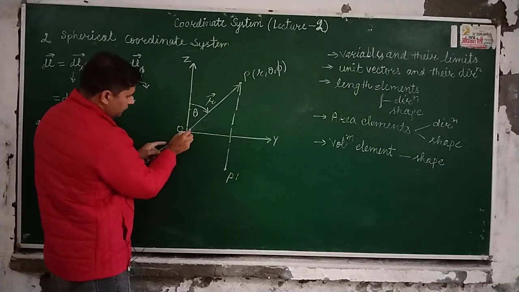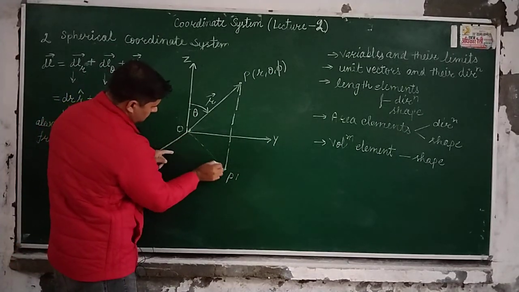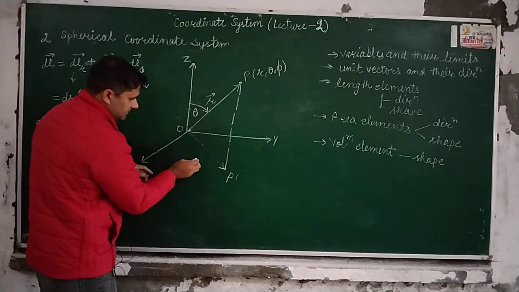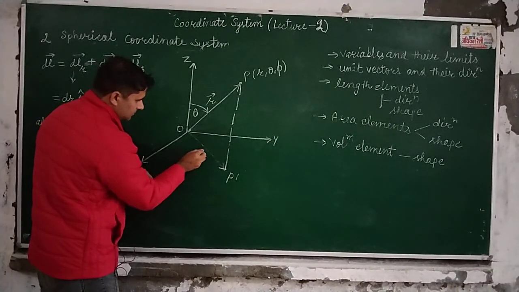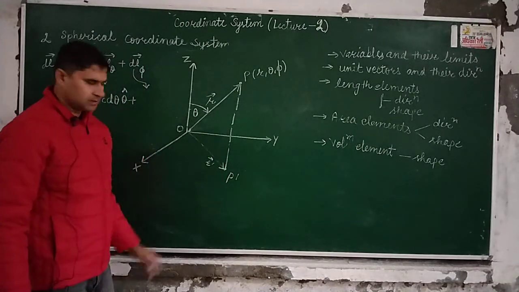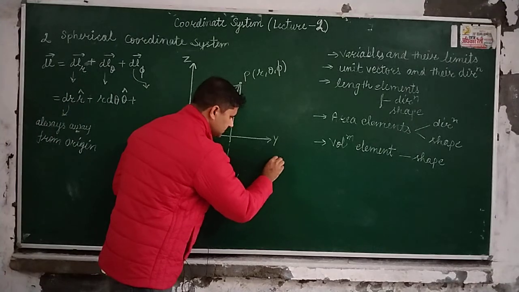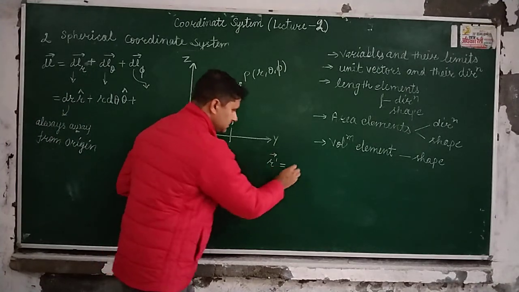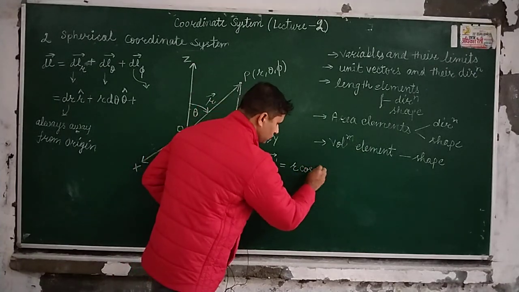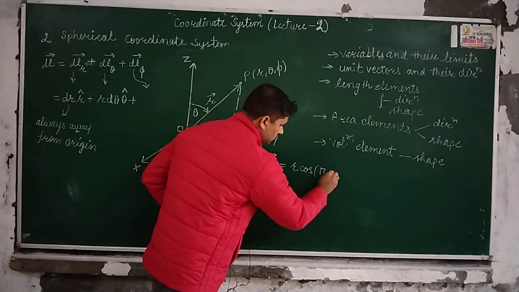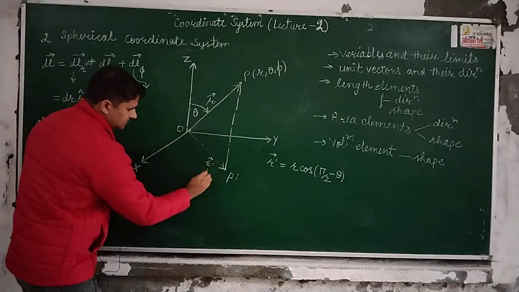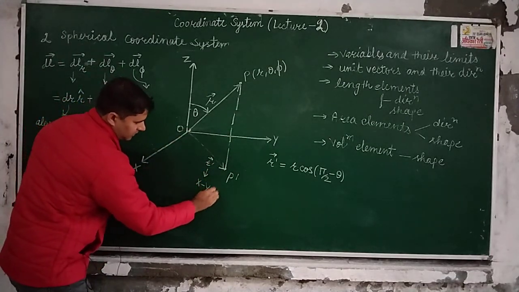If we find the projection of vector r in the xy plane, that is r dash. And I have told you that r dash is vector r cos of pi by 2 minus theta, because it is in the xy plane.